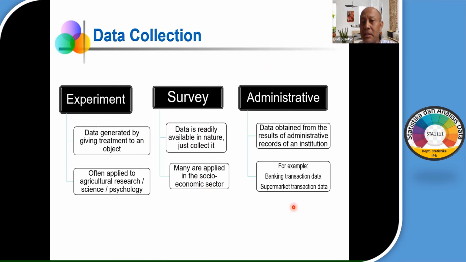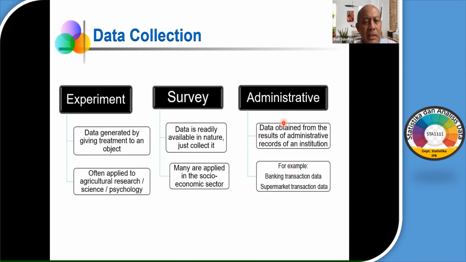The other one is administrative. You know that there are many institutions, for example a firm or a bank. You don't need to make an experiment or a survey. The data is already available in the institution.